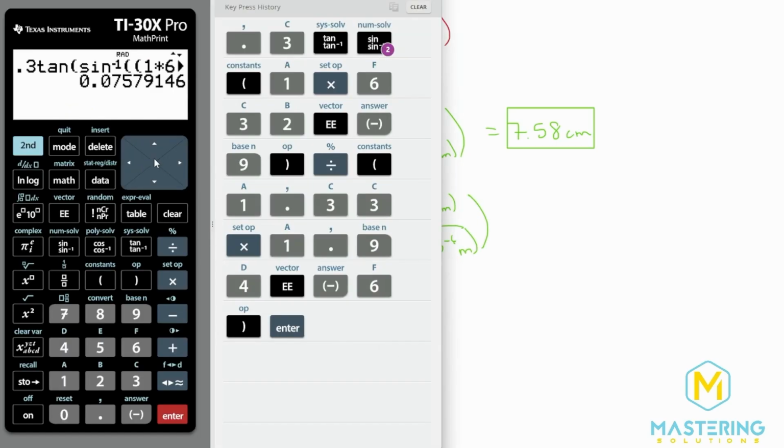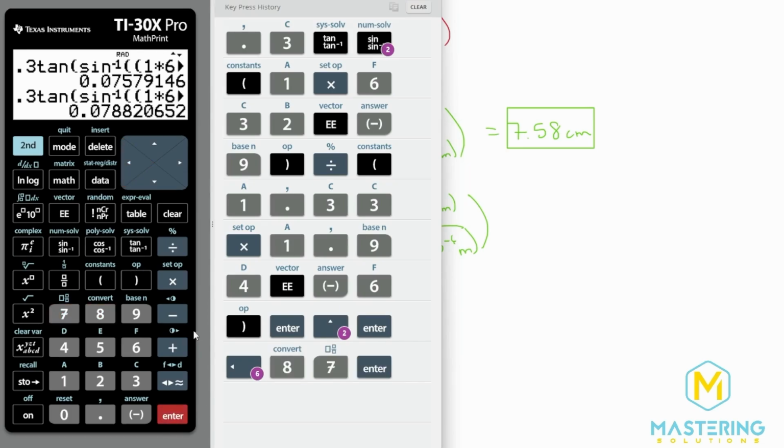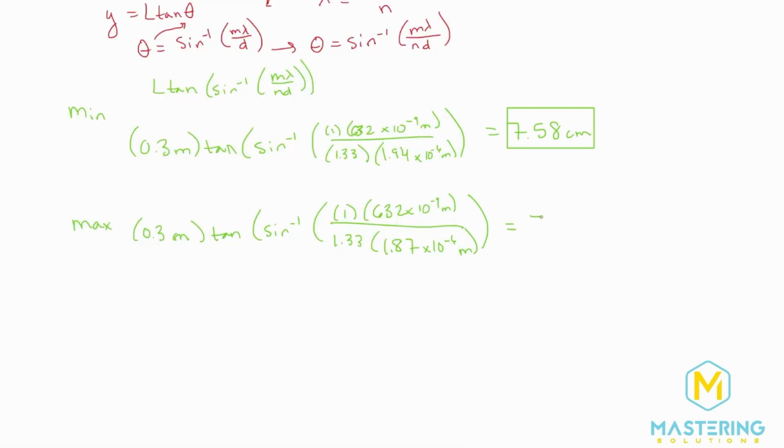When we plug it into the calculator, we can just change this to 1.87. That gives us 7.88 centimeters. So there are your answers for the minimum and the maximum of how much that diffraction grating is spreading as the muscle fibers contract.